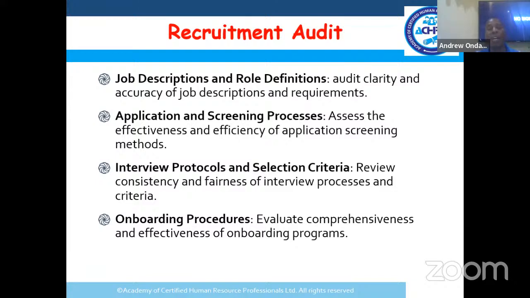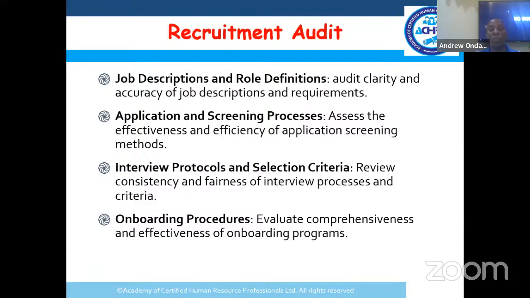This may require either you stop working and do the shortlisting and the interviewing, or you hire the services of a consultant to do the screening. So the audit will look at the methods of application and screening which are used to ensure that we get the right person on board.